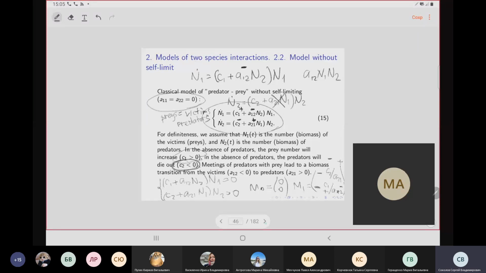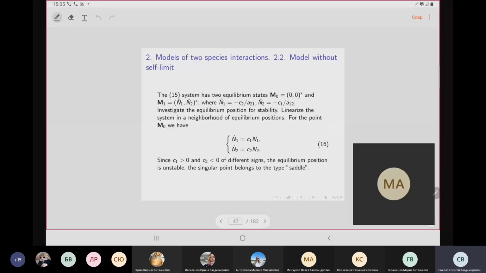Okay, let us try to analyze both of these equilibrium states. The first one, M0, and the second, M1 with n1 and n2 calculated above. So what is the linearization? Let us linearize the right-hand side of the equation near the equilibrium positions.